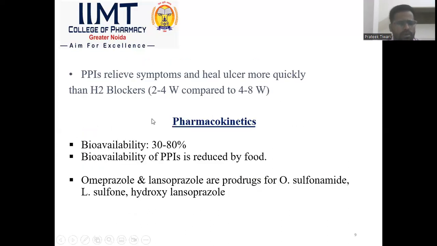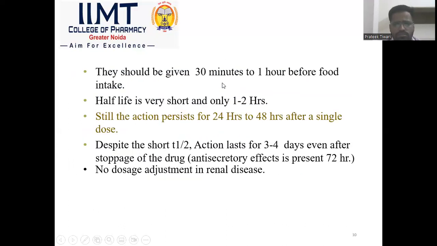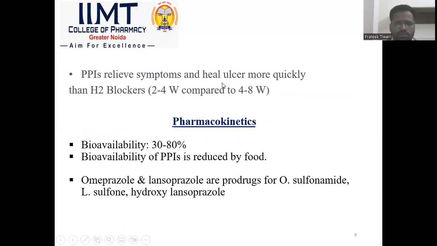Now, PPIs relieve symptoms more quickly compared to H2 blockers. PPIs give relief in 2 to 4 weeks, compared to H2 blockers, which give relief in 4 to 8 weeks.